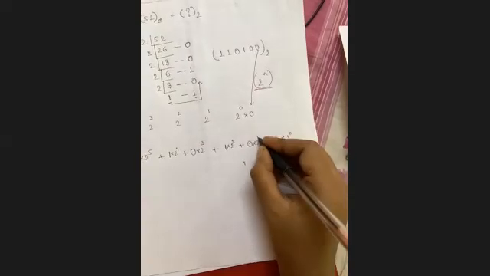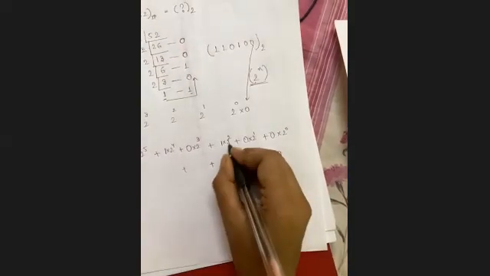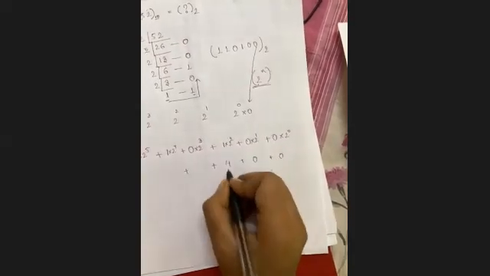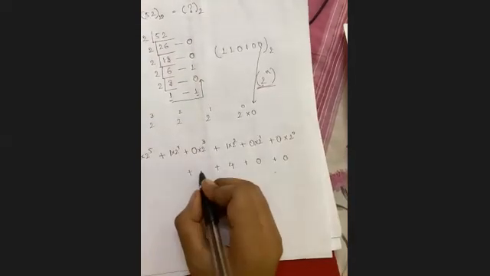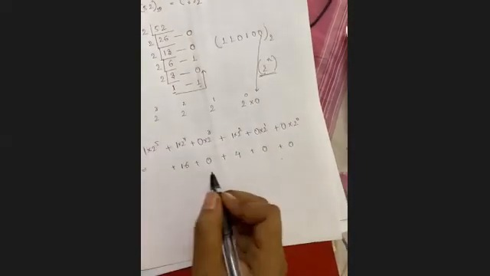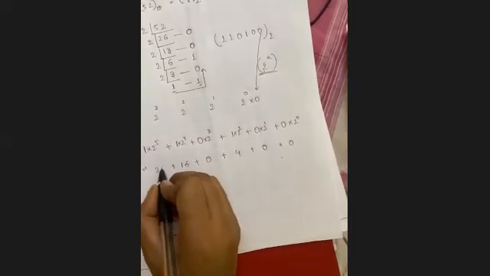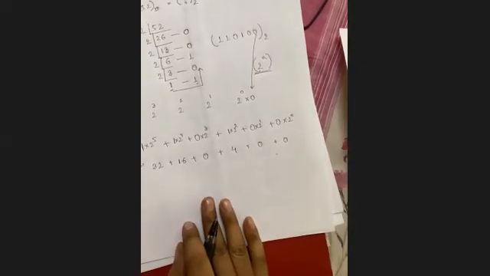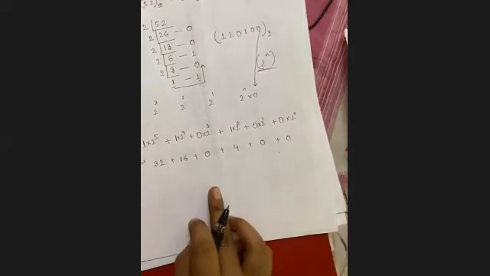You don't need to calculate of this power value, 0. 2 to the power 2 means 4 into 1, that will become 4, right? This is 0. 2 to the power 4 means it will be 16, right? And 2 to the power 5 means it will become 32, right?